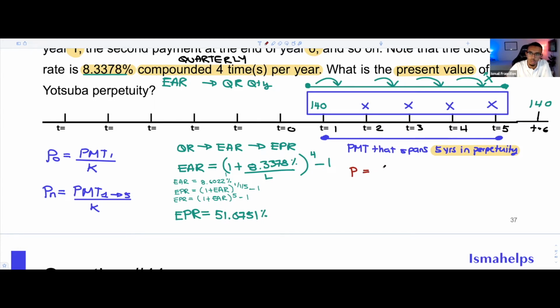And essentially you would do 140 over 51.0751%. Somebody tell me, what does that give us? What is our answer? Perfect. Thank you, Shane.